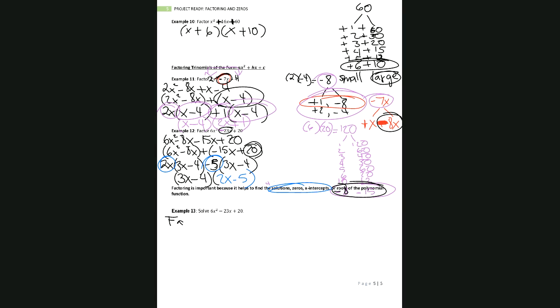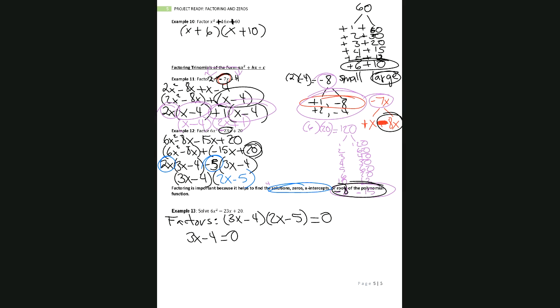We have the factors, and those were 3x minus 4 and 2x minus 5. Now, if we set those factors equal to 0, we could take each factor by the zero factor property, equal it to 0, and then solve for x.